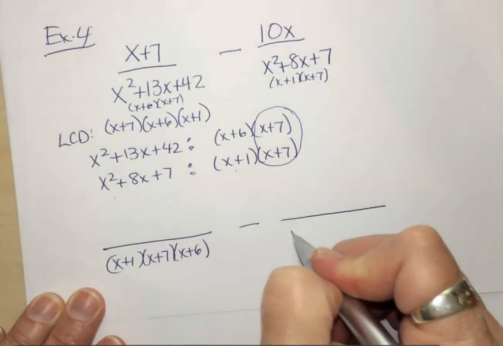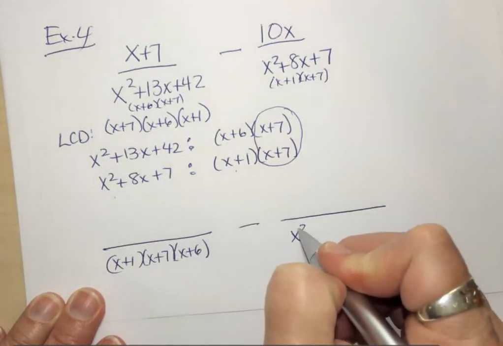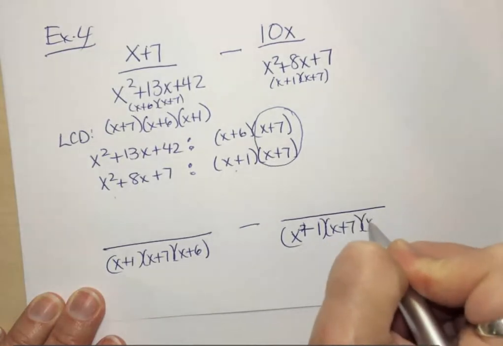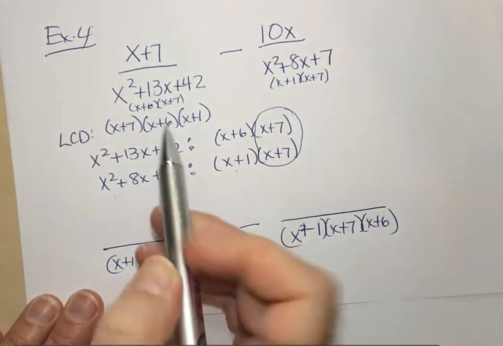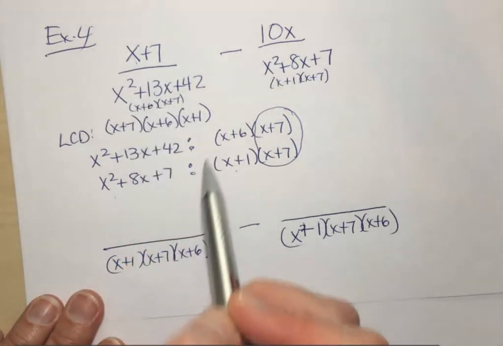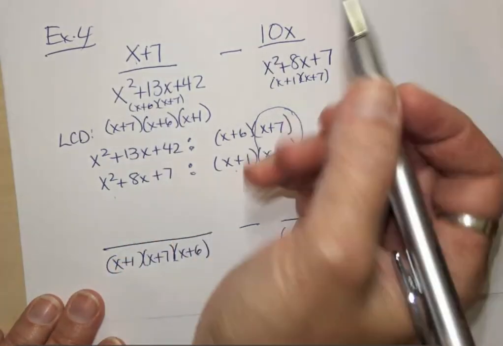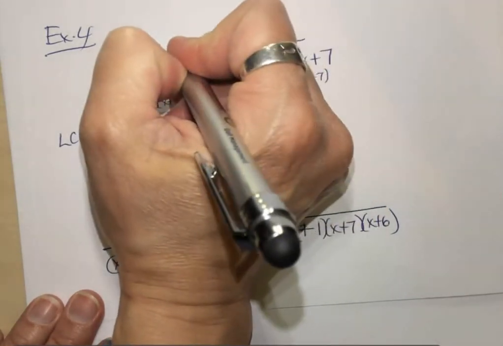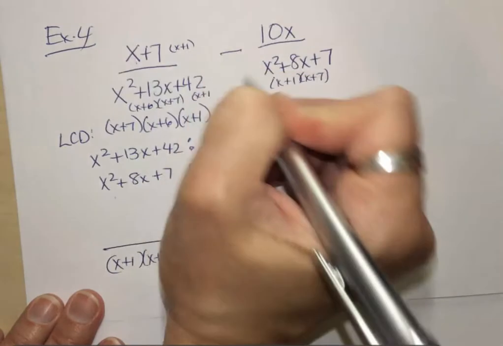I'm going to rewrite my fractions. X plus 1, x plus 7, x plus 6. All right, so this fraction, what is the denominator missing? It looks like it is missing an x plus 1. So I need to multiply the bottom by x plus 1, and I need to multiply the top by x plus 1.